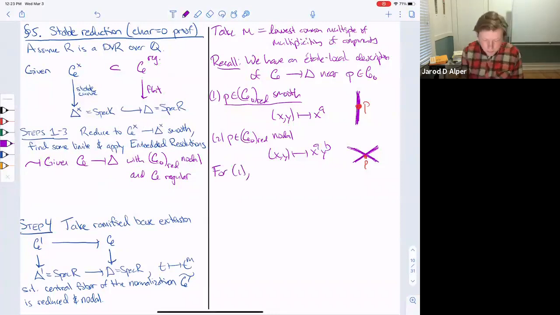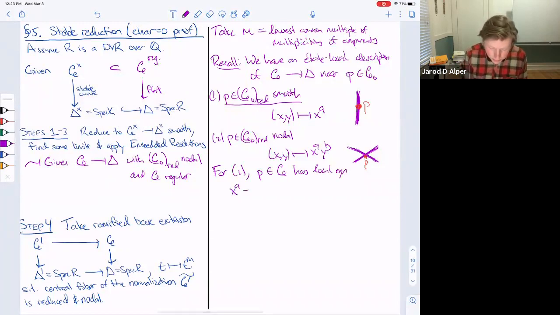For one, P in the surface has a local equation x to the A minus t, right? T is the local coordinate of the base. So when t is 0, the fiber is x to the A.